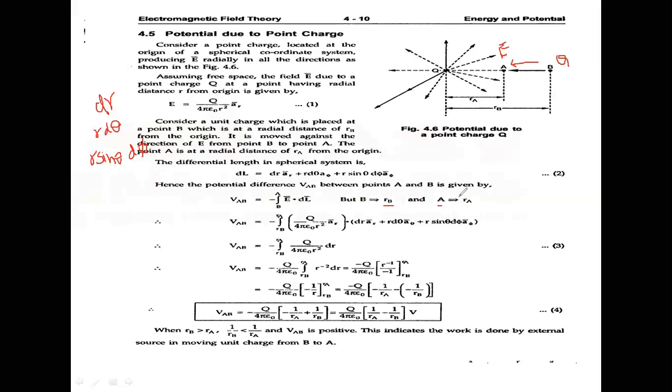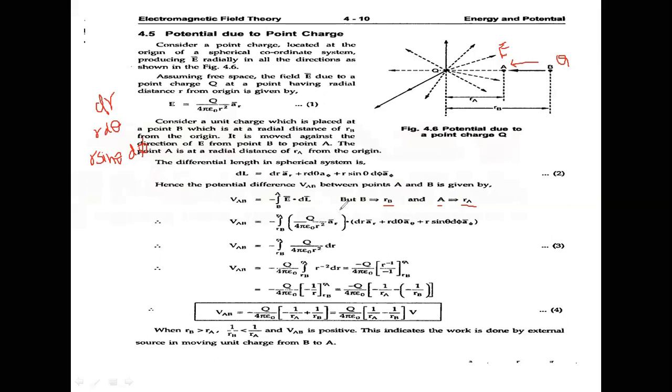The E bar is equal to Q by 4 pi epsilon naught R square into AR bar, dotted with the differential length. Only the AR term survives, the remaining are zeros. So we get Q by 4 pi epsilon naught R square into dr.